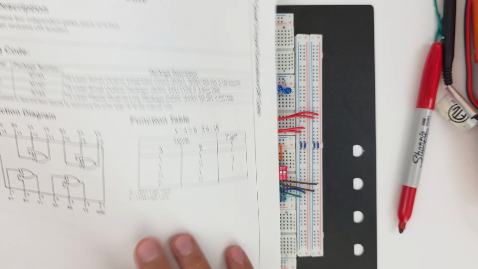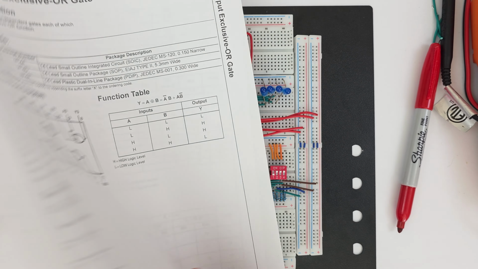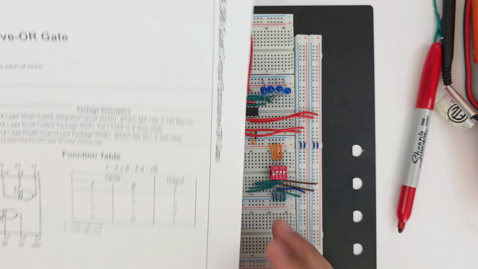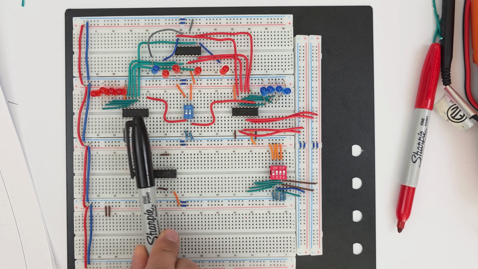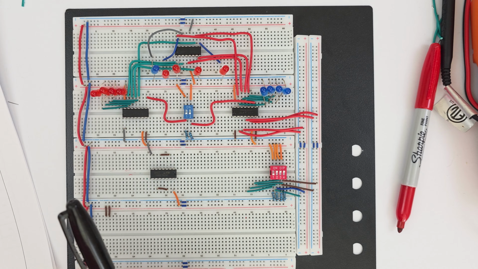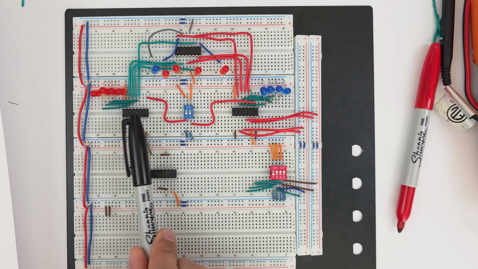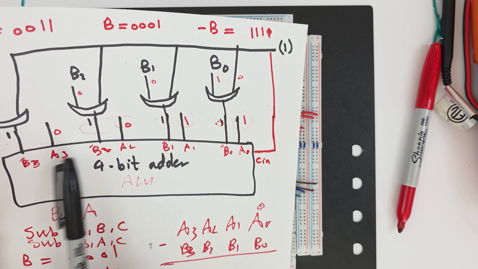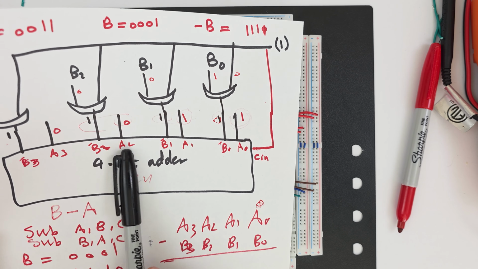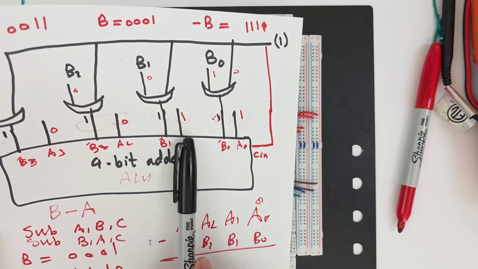So we have here R1 and R2. I am going to connect the XOR gates to R2, while R1, or A, will be exactly the same.